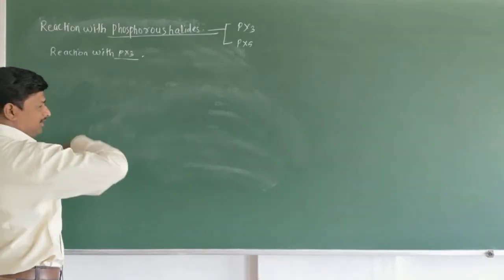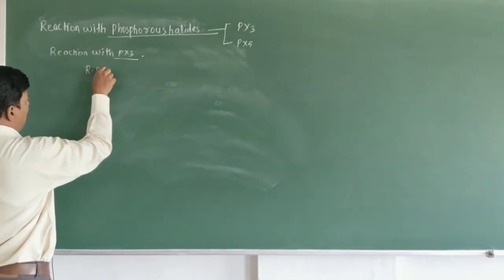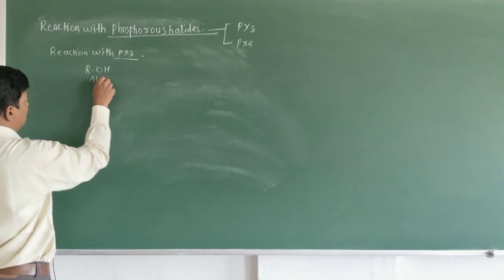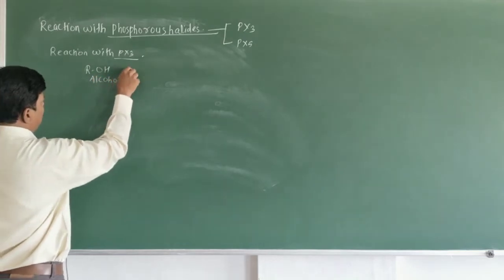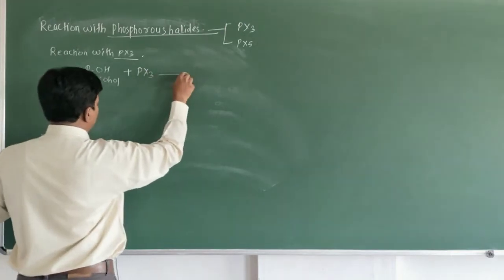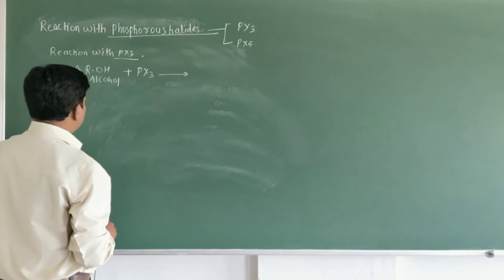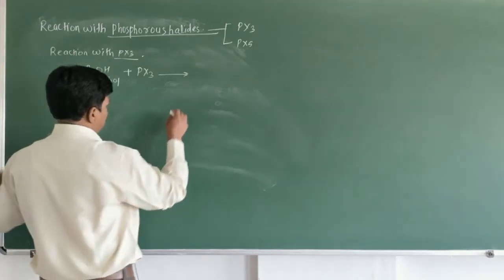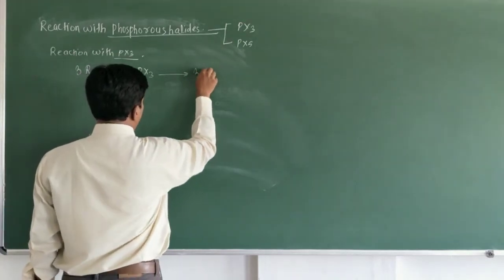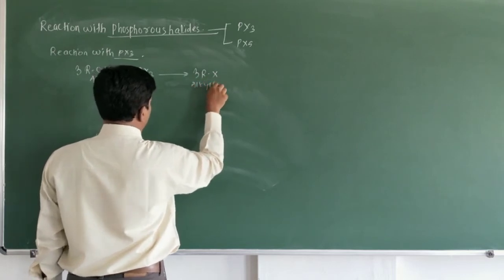But for all these reactions, one common reaction is ROH alcohol. Now this alcohol reacts with PX3 here. In this reaction you have to take 3 times alcohol ROH to form 3 times RX, alkyl halide.